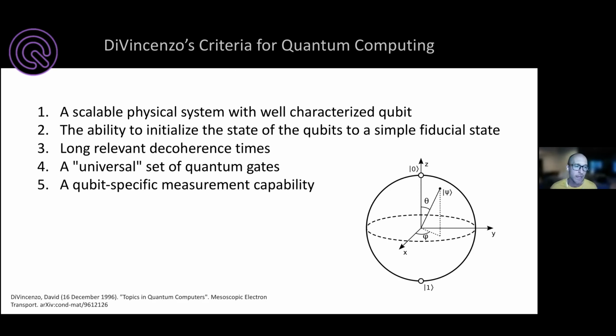You can't do it. And then the last 2 are a universal set of quantum gates, and a key one, I think, for this community, and I'll talk about this at the very end, is a qubit-specific measurement capability. So in a quantum computer, we want to be able to measure every single qubit. Even though you have a large entangled state, you want to be able to process and basically access every qubit.